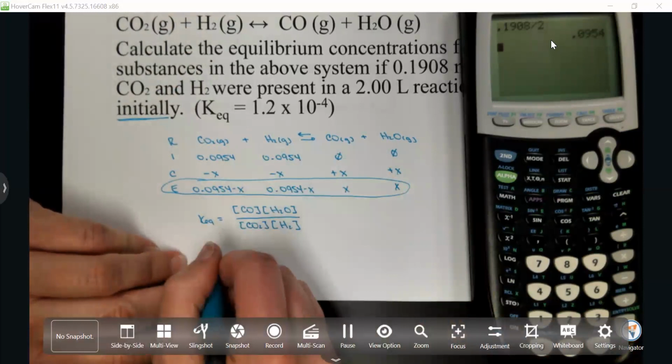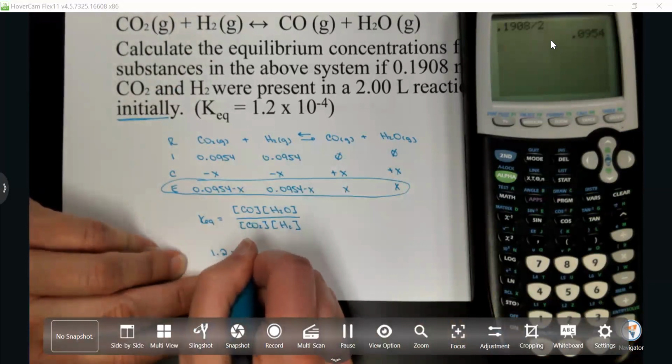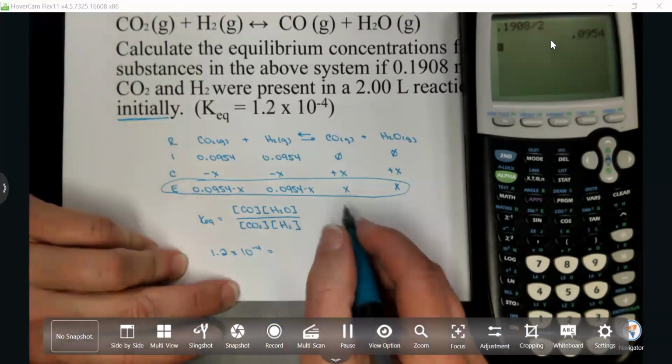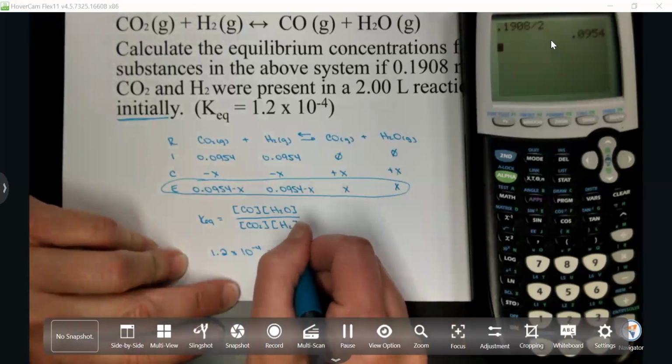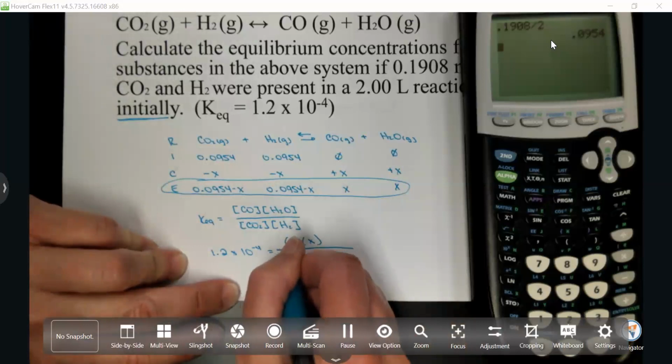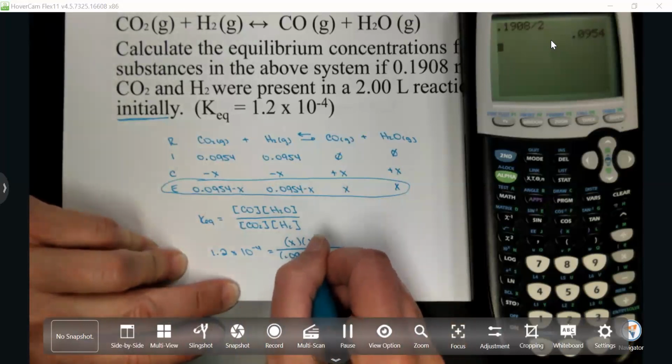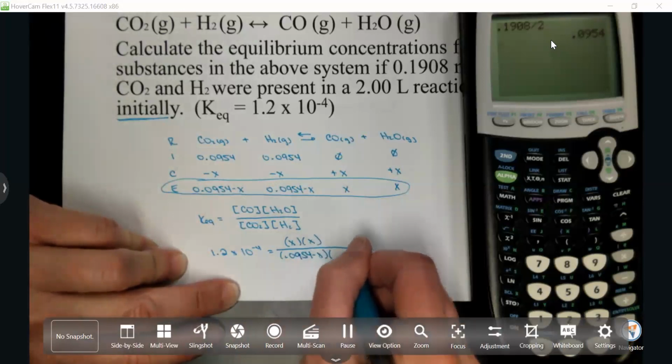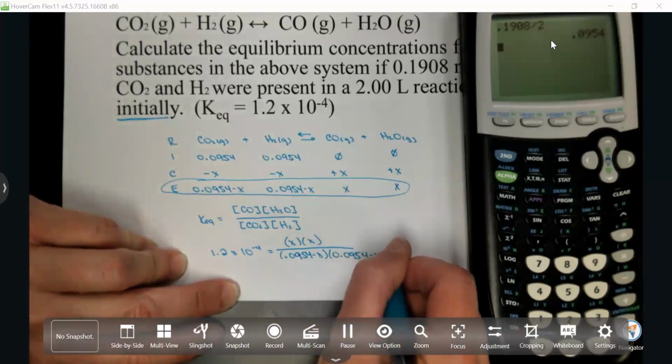We do have a KEQ of 1.2 times 10 to the negative 4 equals X times X up here. And then down here, we have 0.0954 minus X, times 0.0954 minus X.